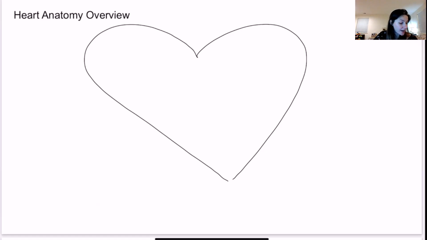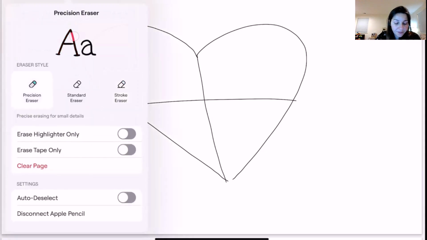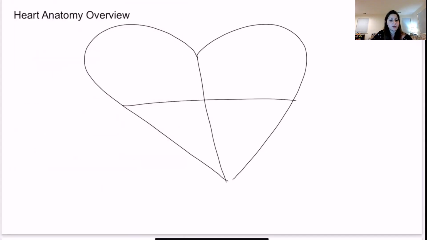So my heart has 4 chambers. It has some top parts and some bottom parts. When I get my eraser, we're going to do some erasing, so just be prepared. The top chambers of the heart are called atria, or atrium.